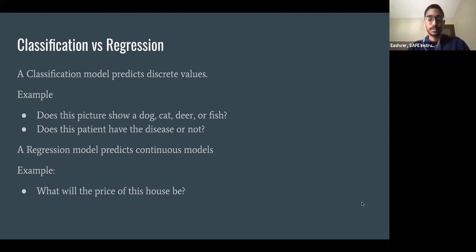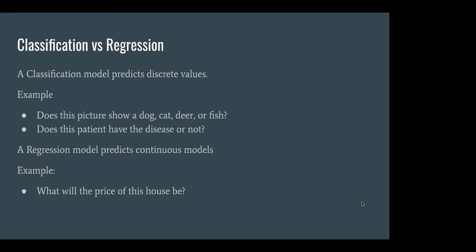It's either a dog or a cat. But for a house price, it could be a value between like 100 and 200, and it could be any number within that range. So basically, regression is a range, and classification is one or the other.